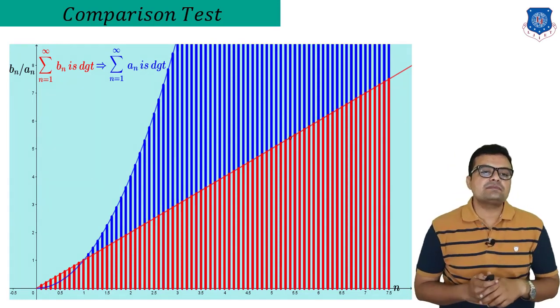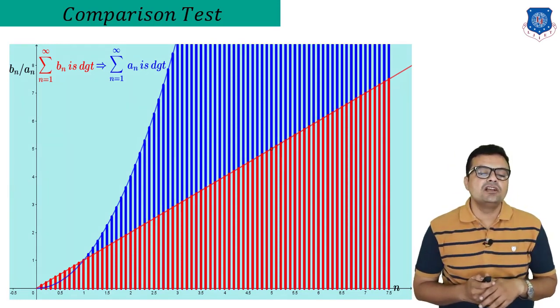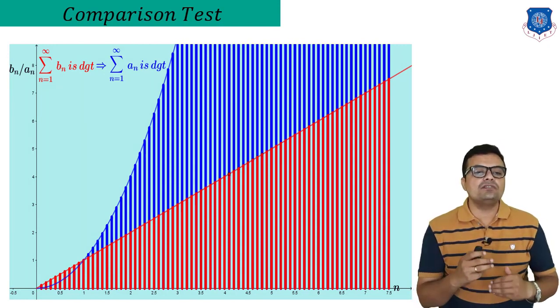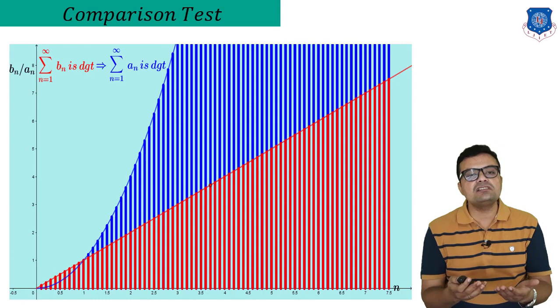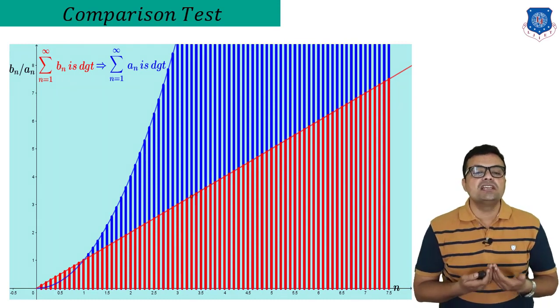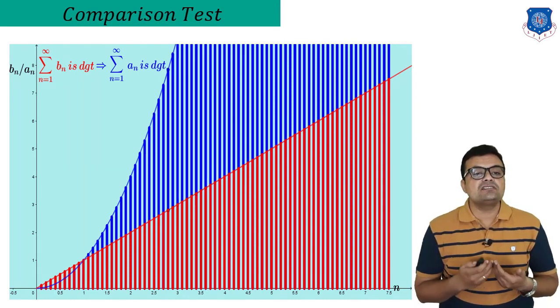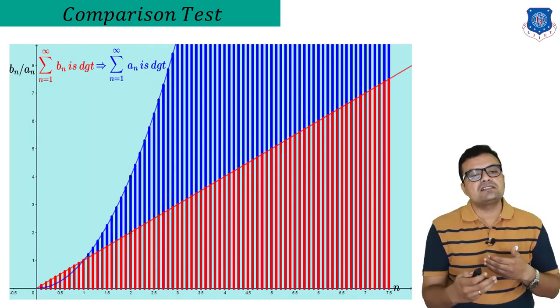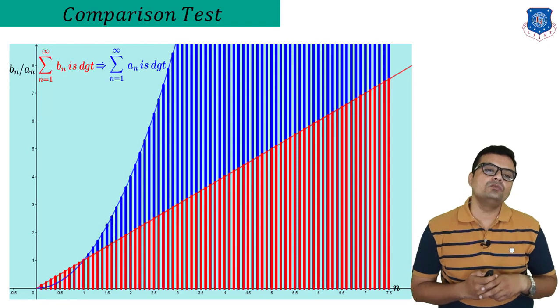Now in this case particularly, you can see that near n equal to 1, the values are in reverse order. It may happen that initially they are not obeying our condition. That means initially our red series is a super series of the blue series, but after a certain level the red series will become a sub-series of the blue series.